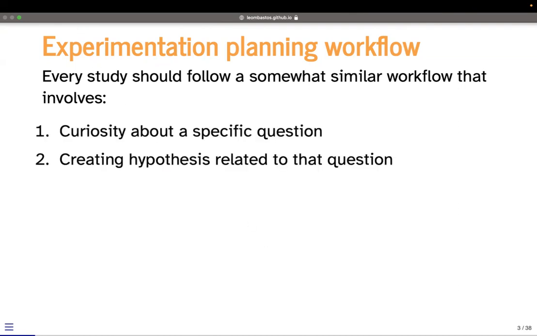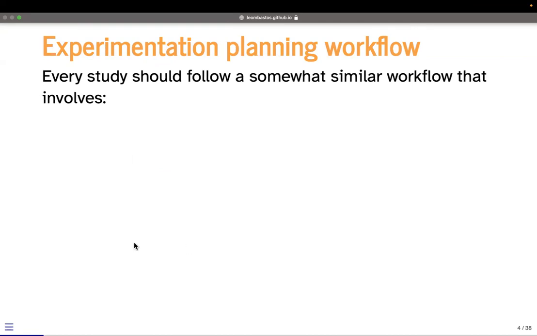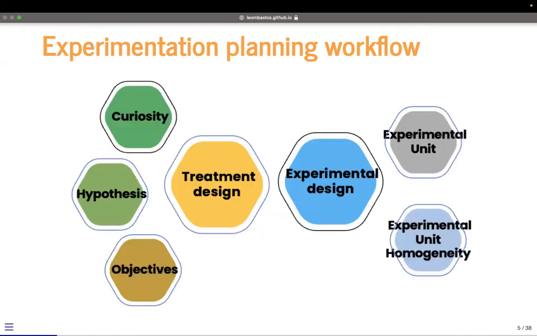Okay, so we're just saying what an experimentation workflow is, which is summarized in this figure, where we have the treatment design that's going to be derived from your curiosity, your objectives, your hypothesis. So really, treatment design is addressing your questions, right? I want to test this, so I will have these treatments to help me answer that question.